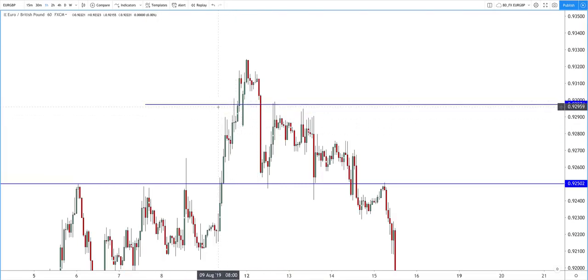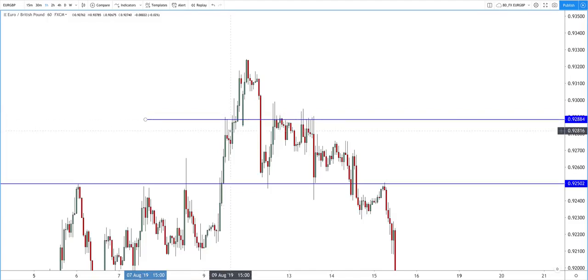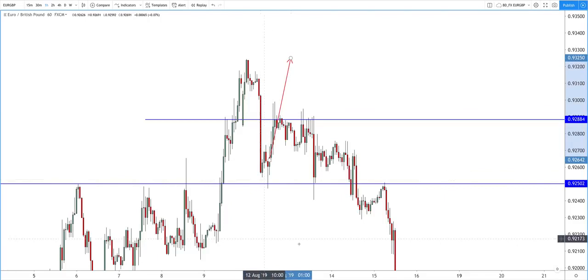Even around there, you can see it's quite sloppy, but you can see here we've made a resistance, put the resistance on. We've had this resistance twice here. We've broken through, and then we've come back down, broken through, but then we come back up to retest this level one more time, just to confirm that price doesn't have the strength to push up higher. So then this is a great opportunity to take a short trade.